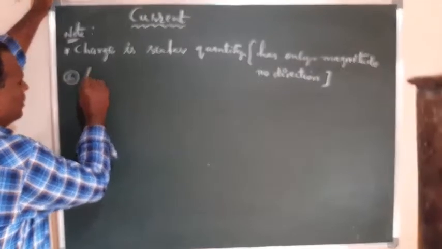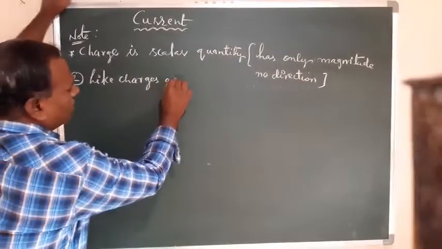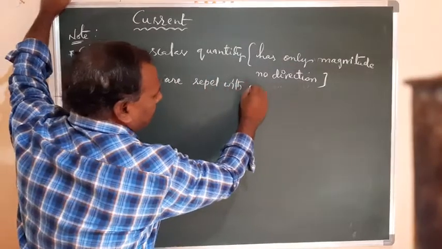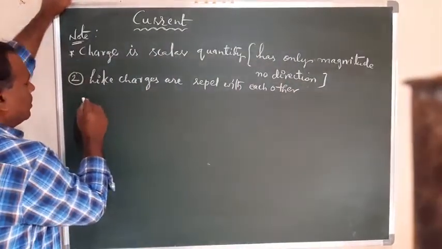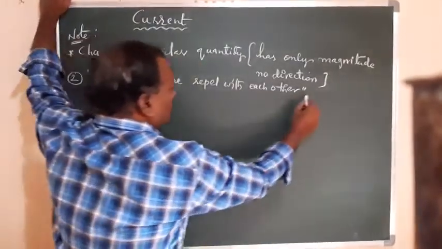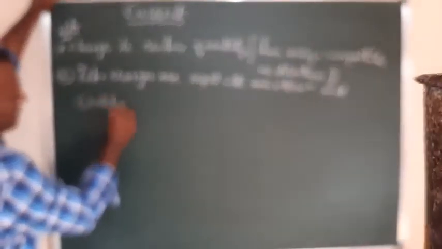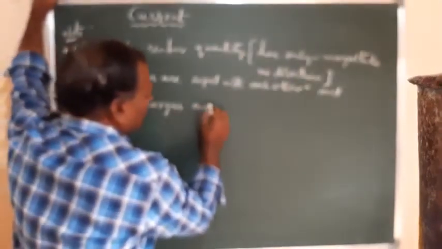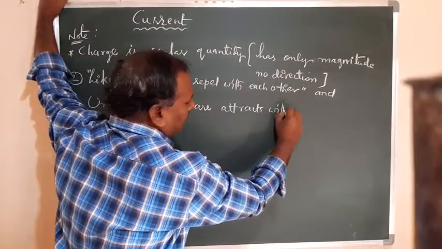You can write here, like charges repel with each other, and unlike charges attract with each other.